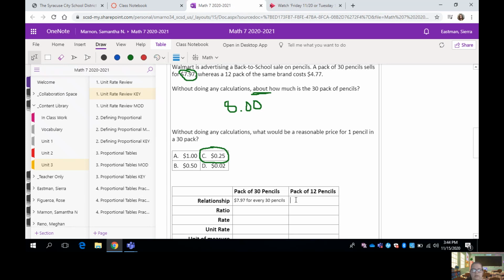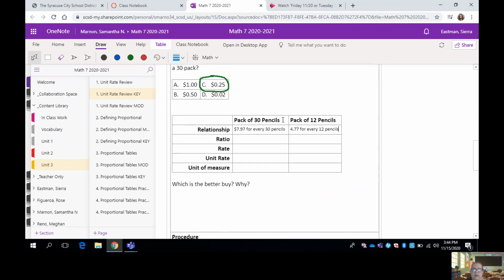And for a 12 pack, it was $4.77 for every 12 pencils. So that's our other relationship there. The ratio for these is very, very similar. Okay, we have $7.97 to 30.